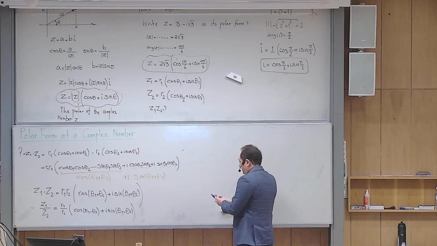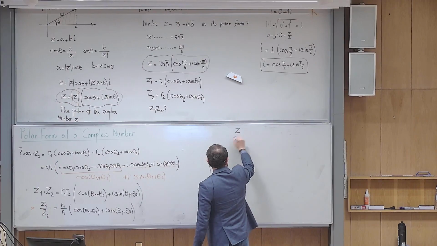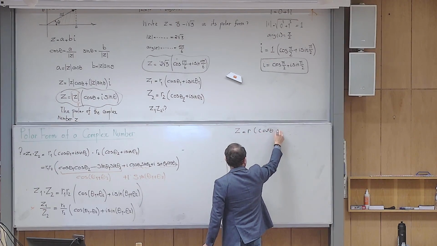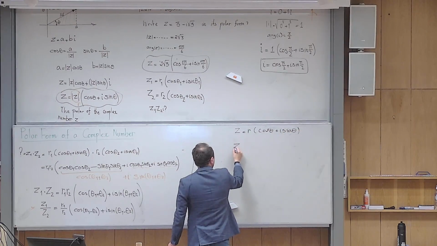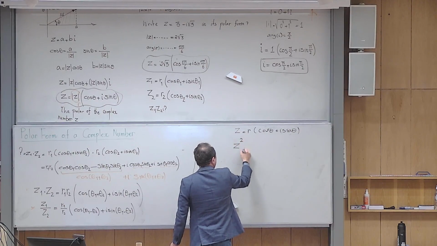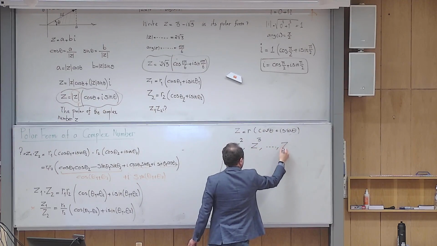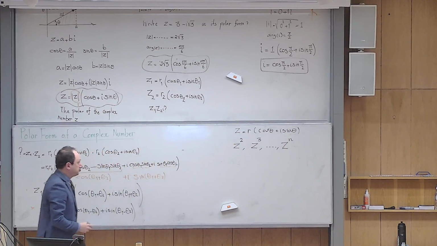Okay, so let me give you a complex number z, which is r cosine theta plus I sine theta, and I ask you to calculate z to power 2, calculate z to power 3. I don't know, calculate z to any power that you like. Of course, integer powers.